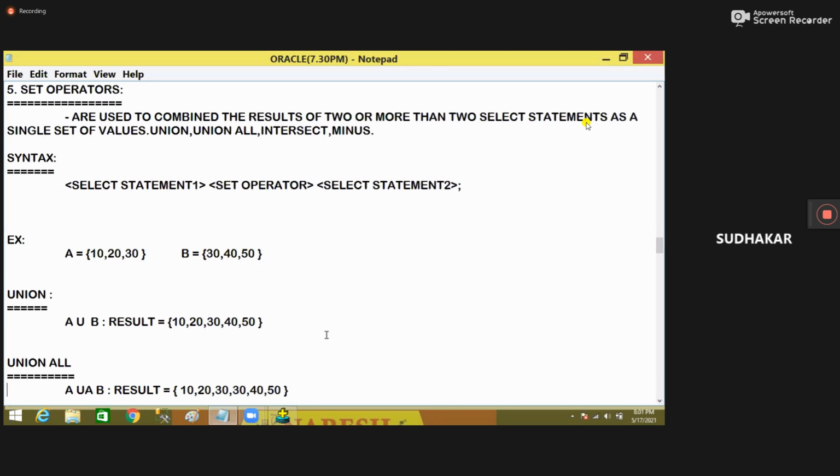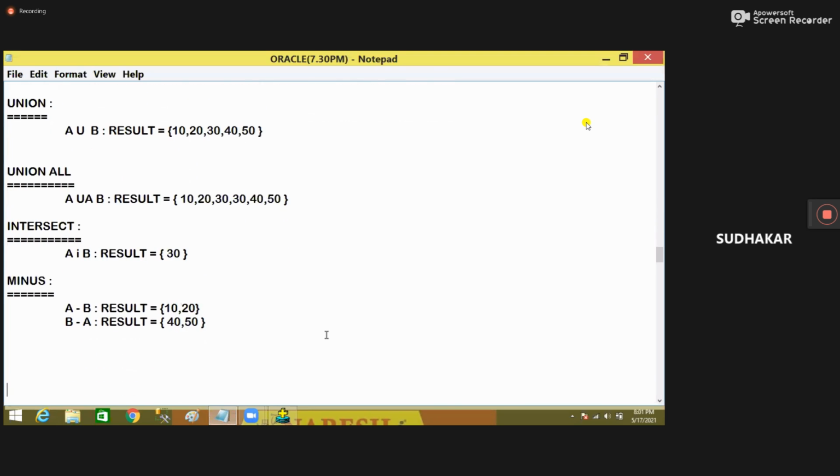The question is: write a query to display all employees who are working in Naresh IT organization.